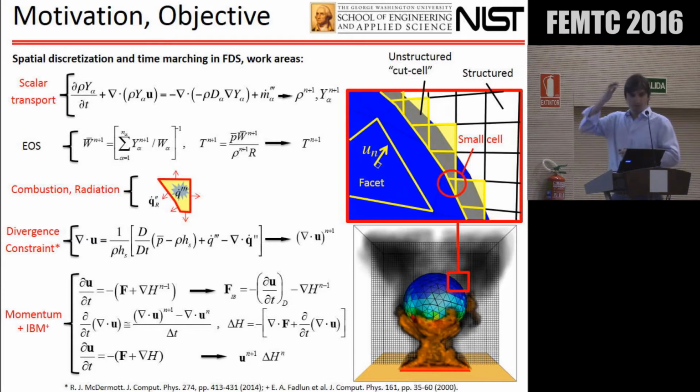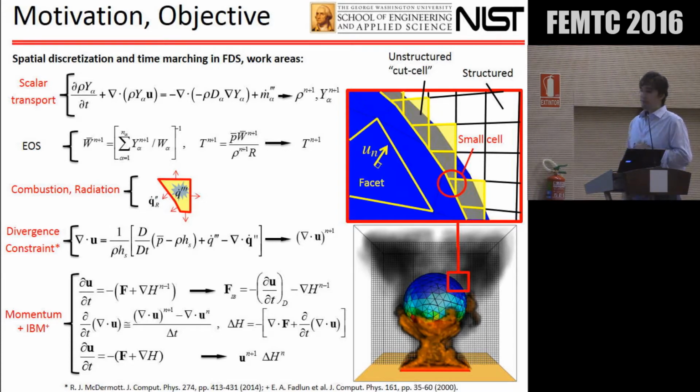Mainly what we have planned, and given that FDS uses these Cartesian meshes in 3 dimensions, a natural way to include complex geometry capability is to use what are called cut cells. What you basically do is you find the intersection of your object with curvilinear geometry with the Cartesian grid from FDS.